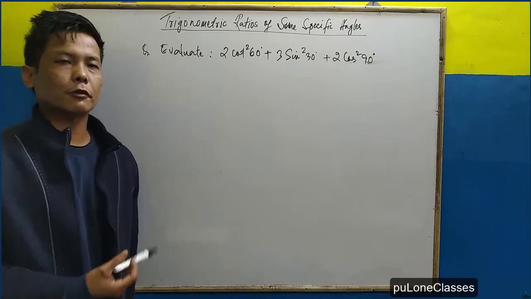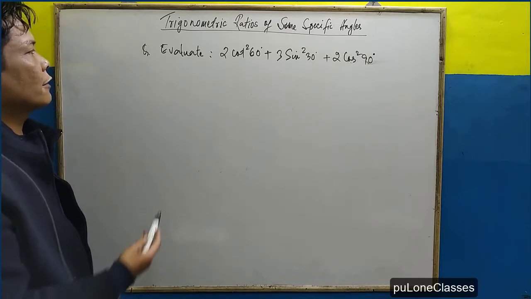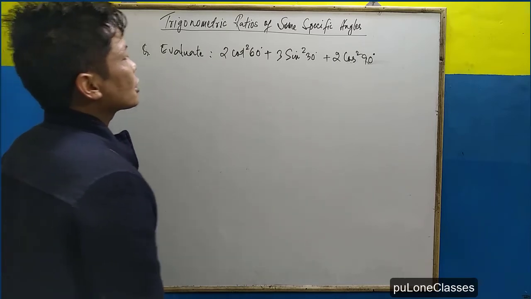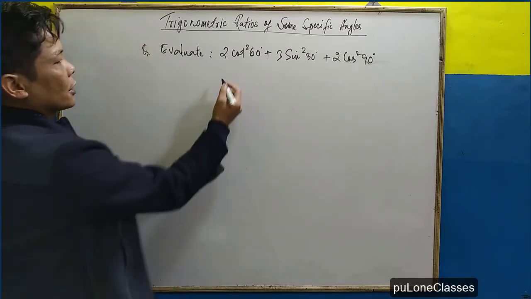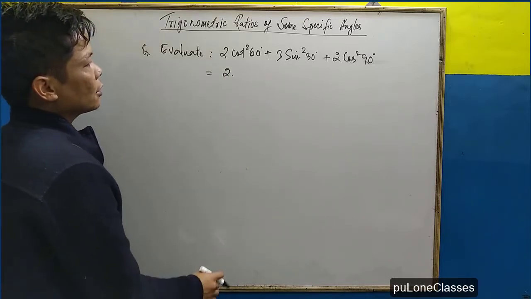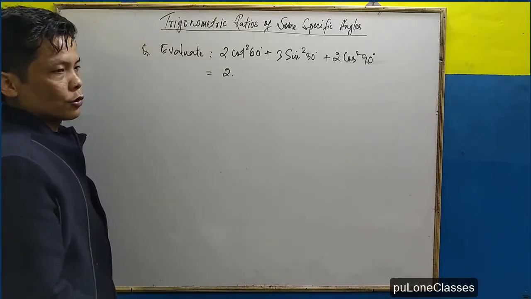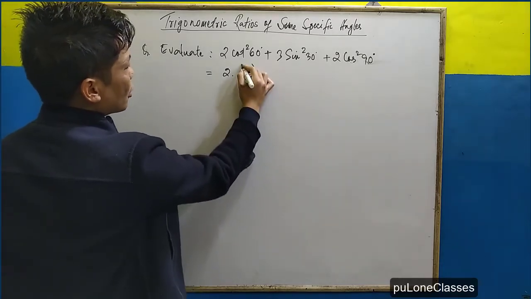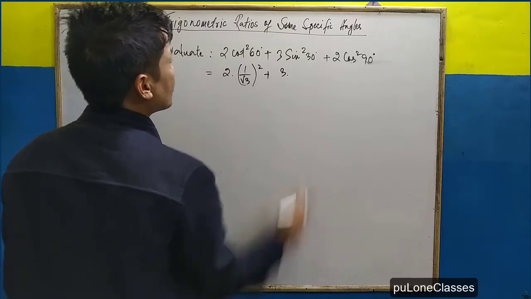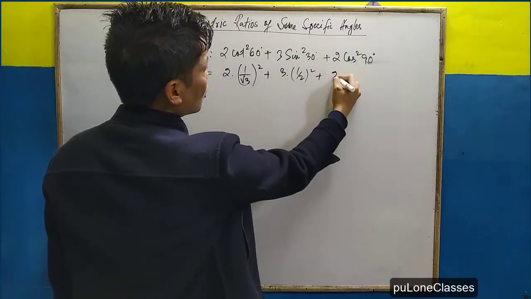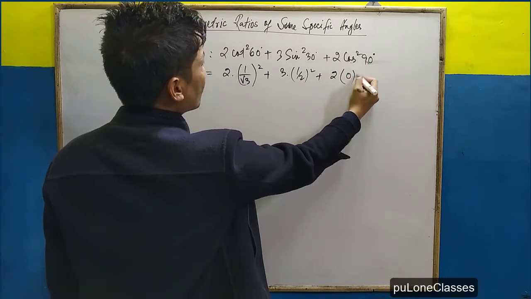Now let us solve this question. Evaluate 2 cos square 60 plus 3 sin square 30 plus 2 cos 90 degree. So we can write 2 into cos 60. Cos is the opposite of tan. Tan of 60 degree is root 3. So cos 60 will be 1 by root 3, all things squared, plus 3 times sin of 30, which is half, so half squared, plus cos of 90 degree is 0.